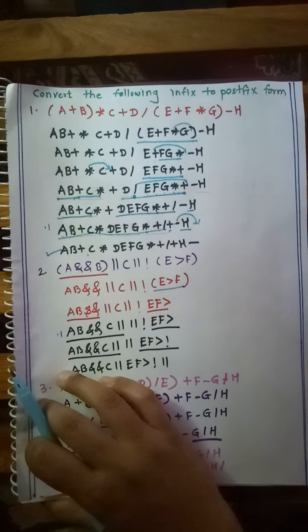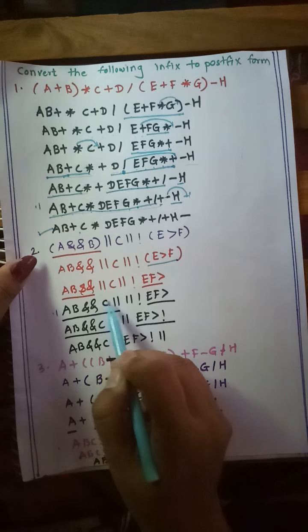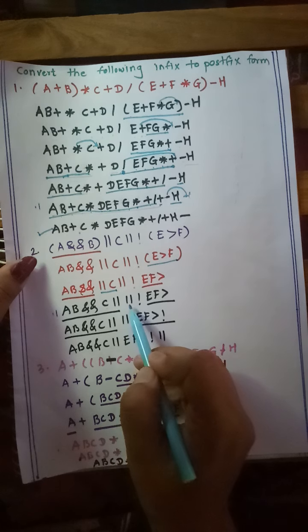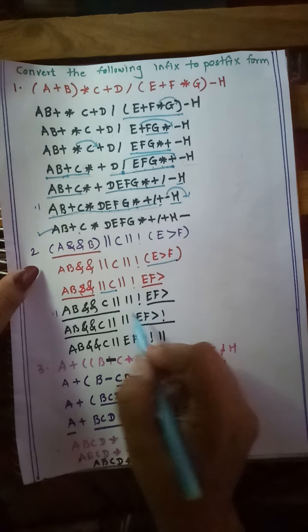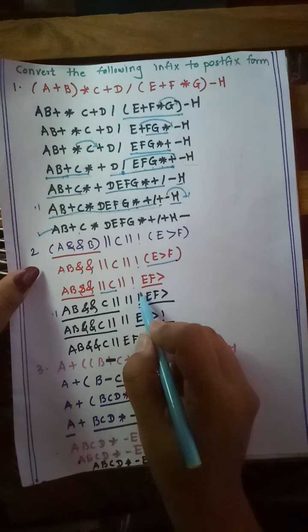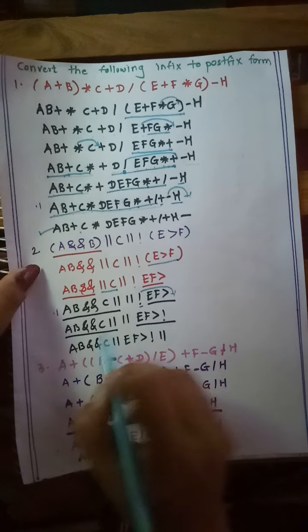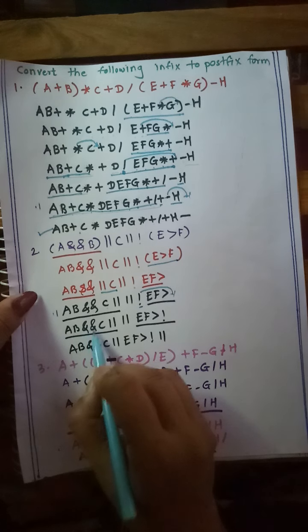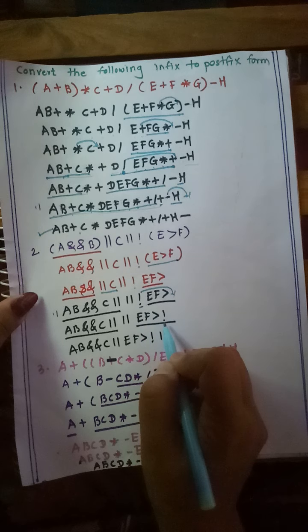Now in the next step, A B logical AND, here this will be converted, C or logical OR not E F greater than. Now in the next term, not is applied, so this not goes into that position. Now the expression looks like this: A B logical AND C logical OR E F greater than not.